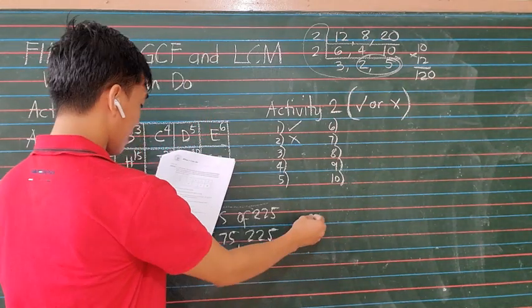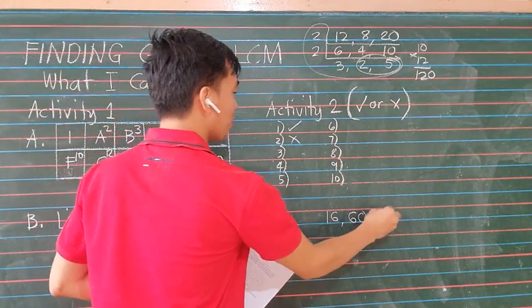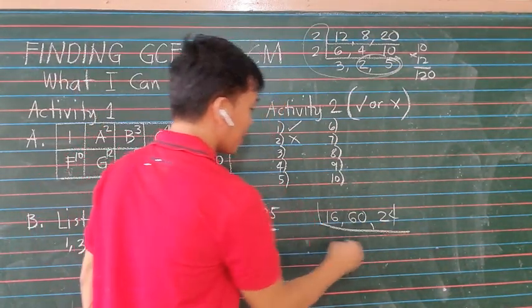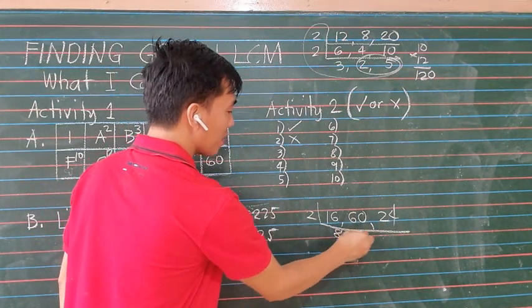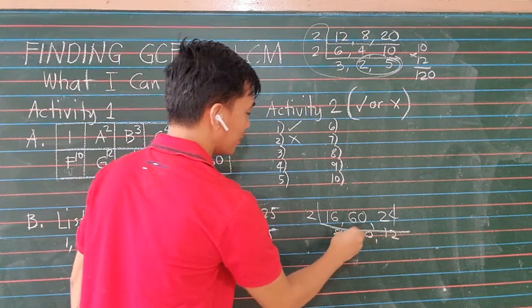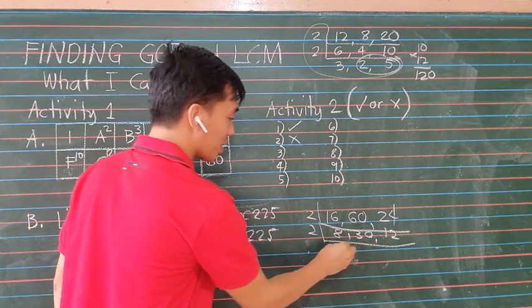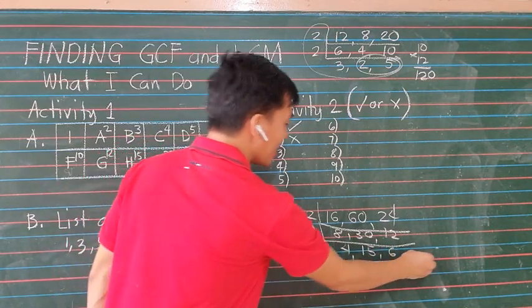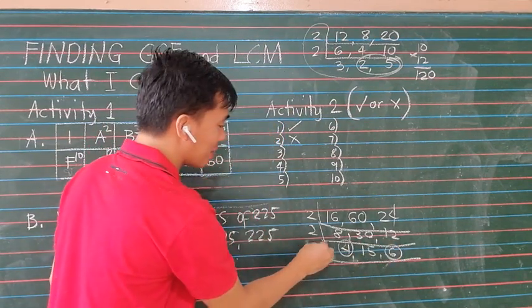Let's try 16, 60, and 24. Let's look for their LCM. The 3 numbers can be divided by 2, so that is 8, 30, and 12. Next, 8, 30, and 12 can be divided by 2, so the answer is 4, 15, and 6. Next, these 2 numbers here, 4 and 6, can be divided by 2.